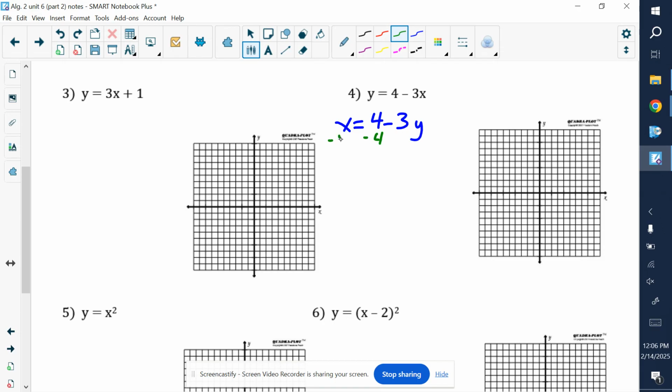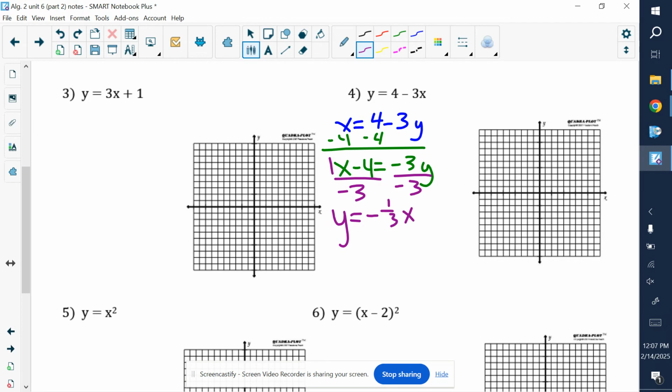You would subtract 4 and then divide by negative 3. So then you would have y equals negative 1/3 x plus 4/3. Well, my y-intercept is 4/3. I can't really graph 4/3 exactly.